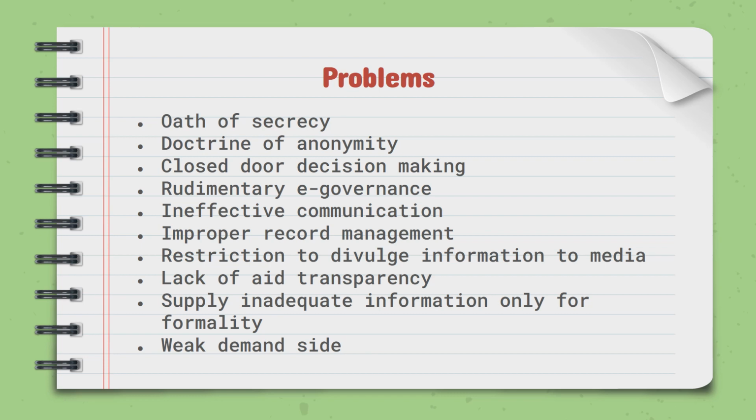Bureaucracy is based on the doctrine of anonymity, closed door decision making process, rudimentary e-governance, ineffective communication, improper record management, restriction to divulge information to media, lack of aid transparency, supplying inadequate information only for formality, and weak demand side. These are the problems of our system in maintaining transparency.